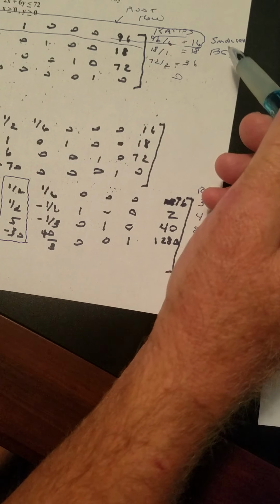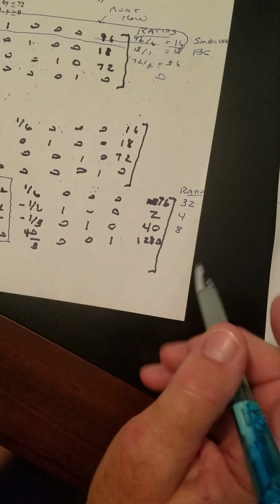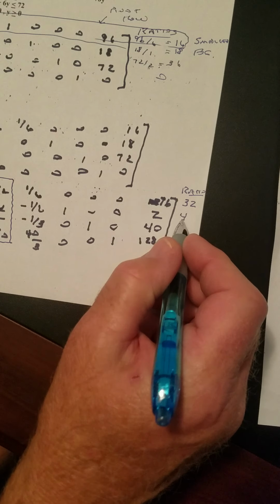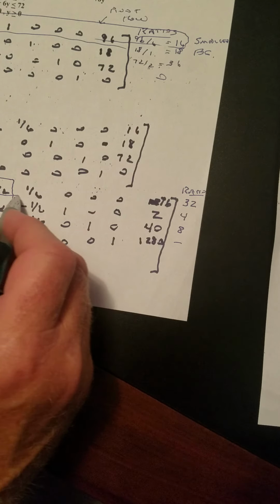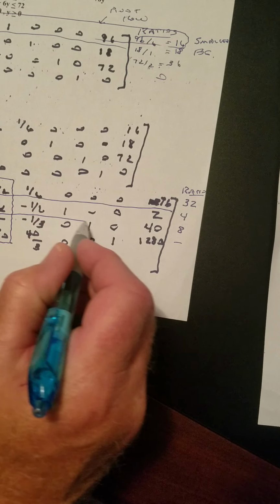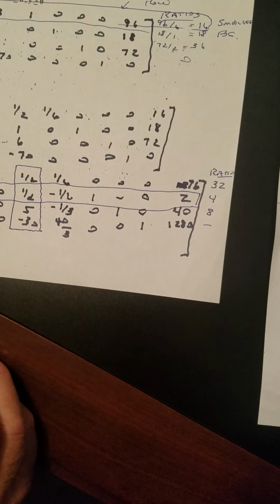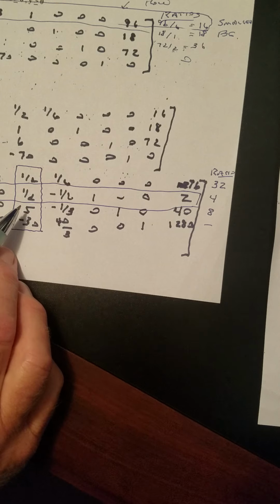Okay, over here we want the smallest positive. So you look at these numbers here. We're not looking at that one. Smallest one's going to be 4. So that tells me there's my pivot row. And the 1/2 is what we're going to make into a 1. In other words, we're going to pivot off of that number.